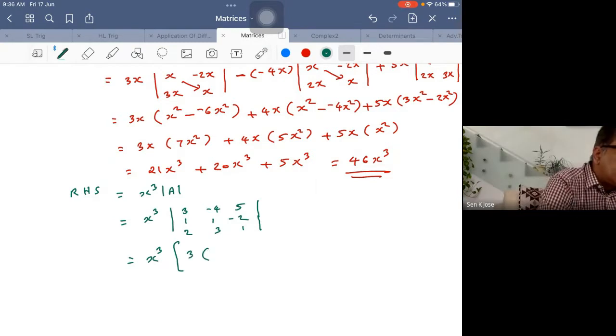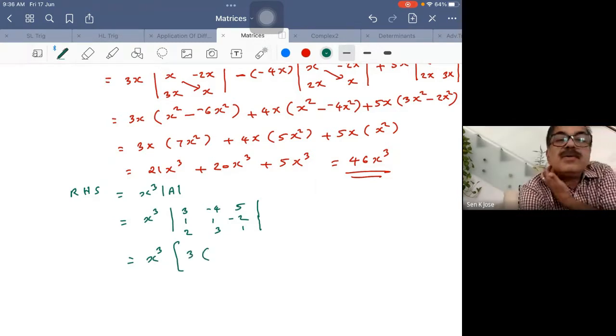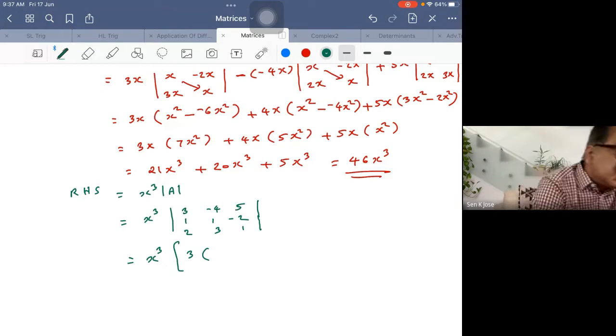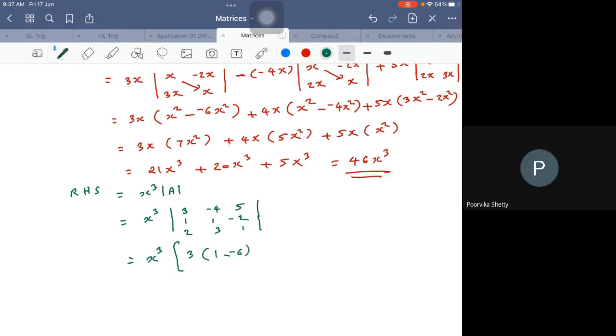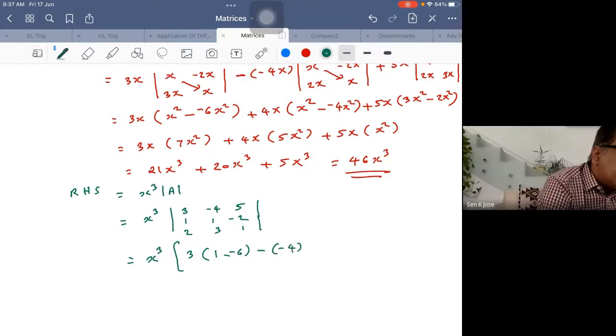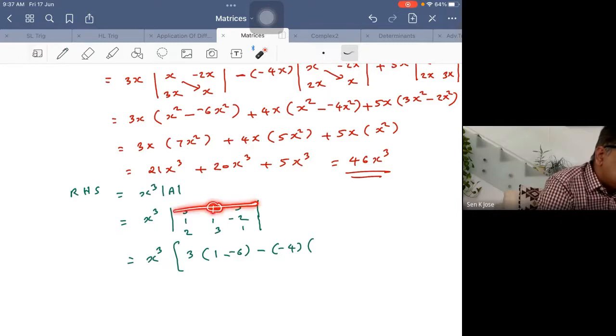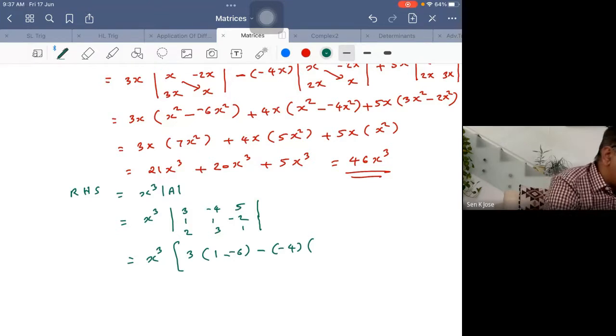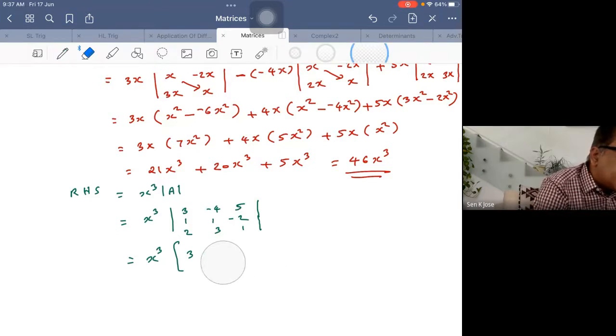3 into its minor. Purvika, did you finish? No, so I'm doing it. Okay. Minus 4 into its minor. That's minus 4. Delete the row and the column it contains. The remaining 4 numbers. Oh, I didn't show minor this time. I was trying to do it in my head.